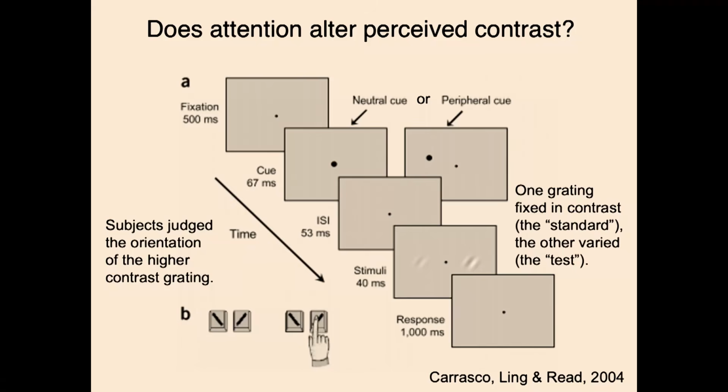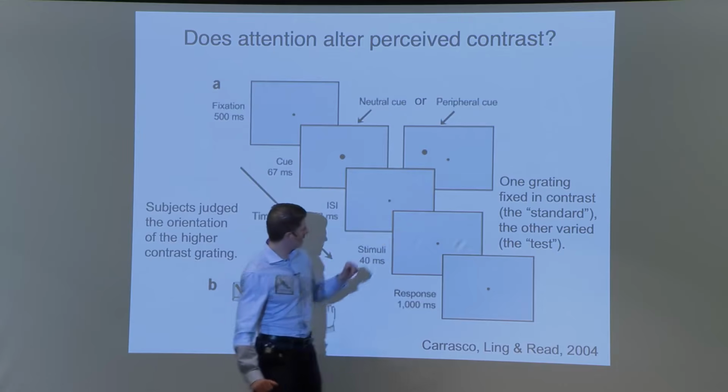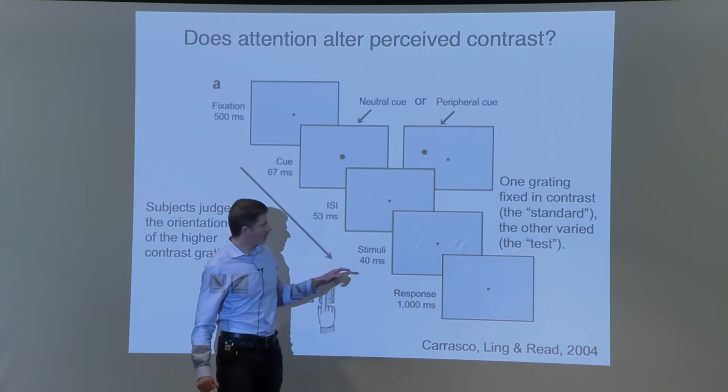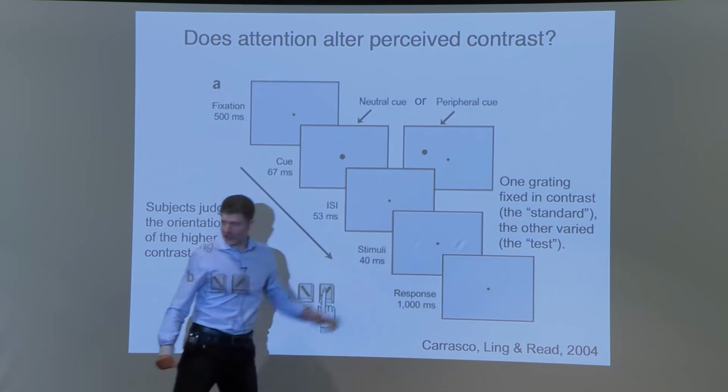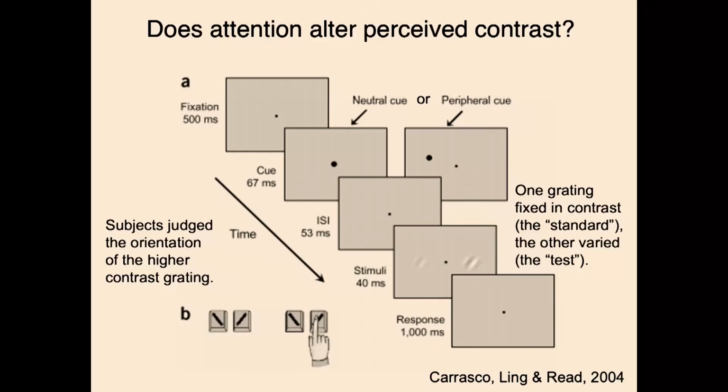What they're interested in is whether being cued to the location will make people more likely to choose the thing that's not actually higher in contrast. The idea is that when you're paying attention to something, if the perceived contrast gets boosted, then you're going to erroneously choose the one that is actually lower contrast.